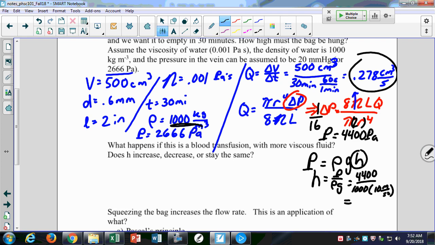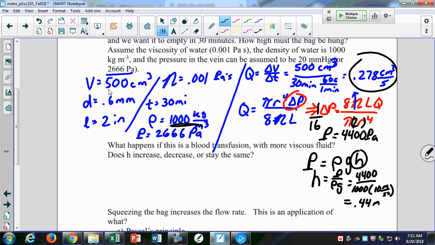That's equal to 0.44 meters. Alrighty? Again, you're not going to have to work the math of that, but I do want you to know the relationships and how the equation works and the implications of it.